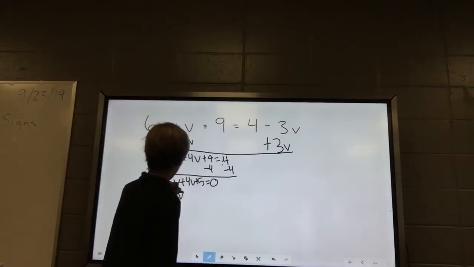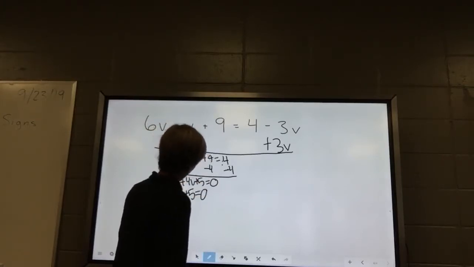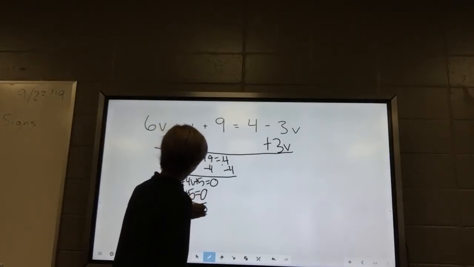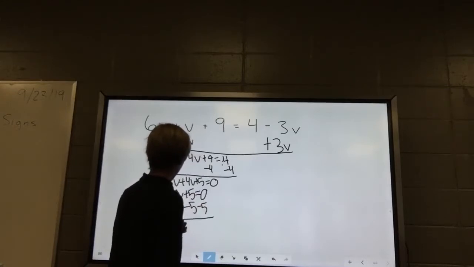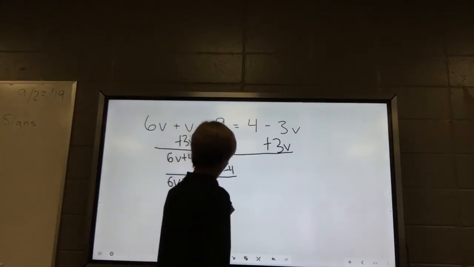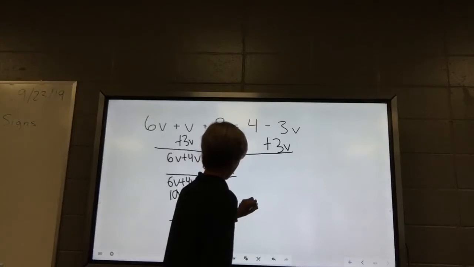Olivia, his next step, he subtracted 4 from both sides. What property is being applied? The property of, yes, subtraction property of equality, because you're doing it to both sides.